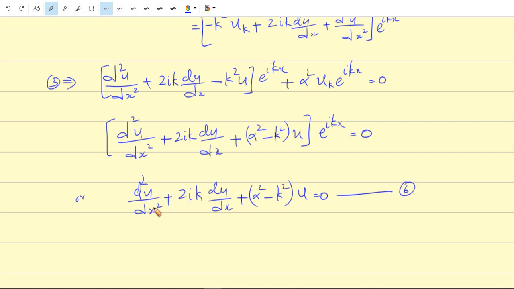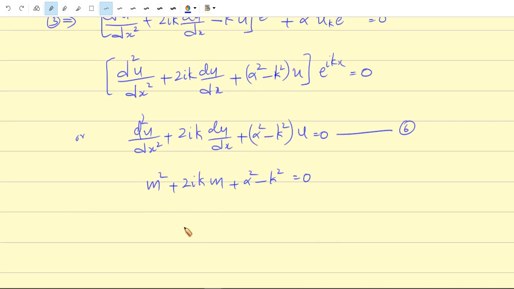Okay, here we can write the characteristic equation as m square plus 2ik m plus (alpha square minus k square) is equal to 0. So this is the method in solving a second order differential equation.